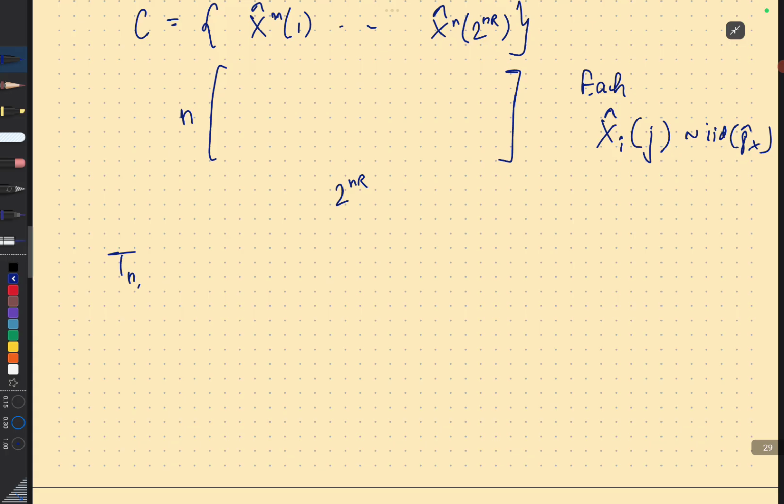Now I'll also define a typical set. But now the typical set is not for one particular random variable, but it will be for a pair of random variables.